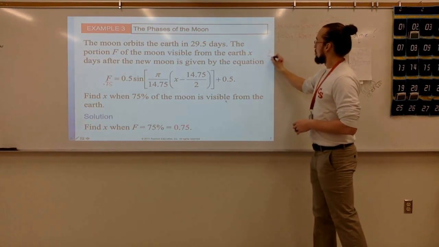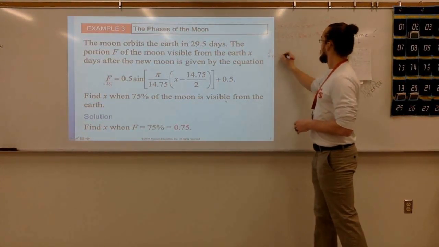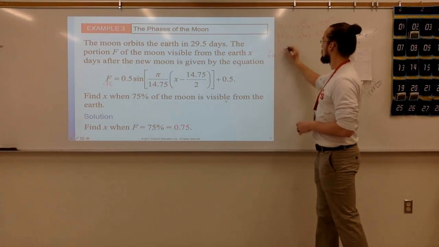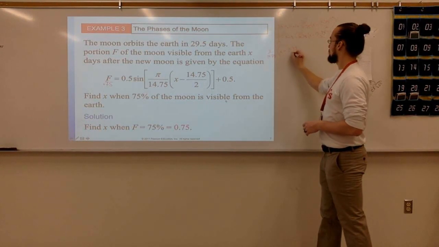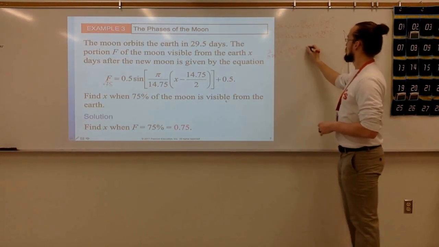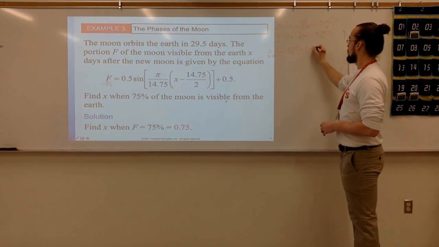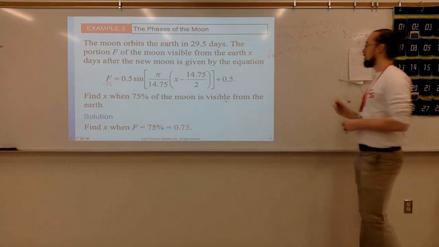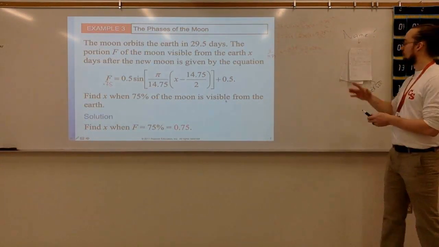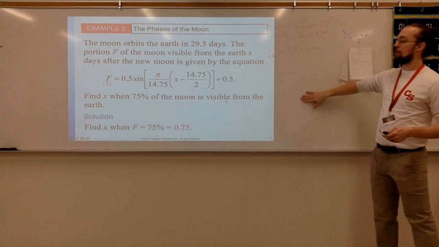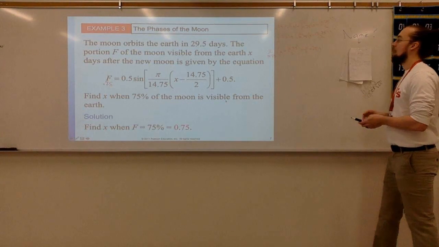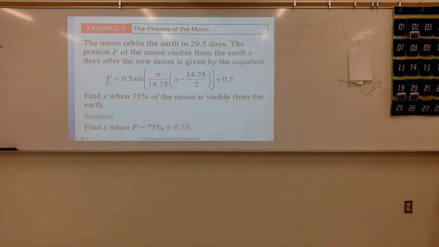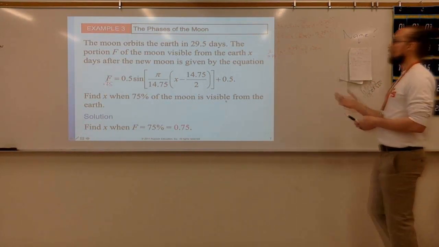Pi over 14.75 times x minus 14.75 over 2 equals pi over 6 plus 2 pi n. I don't have enough room here. I'll write the other one in a second, but we would have this then again equals 5 pi over 6 plus 2 pi n. So now let's solve this for x.